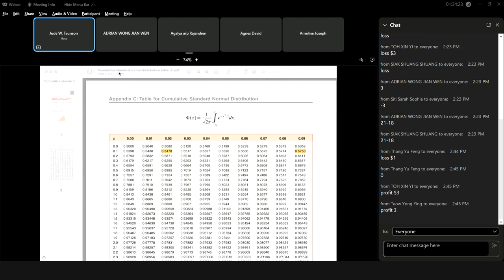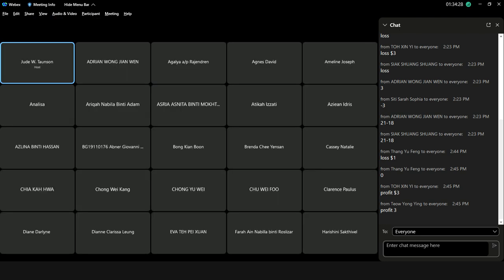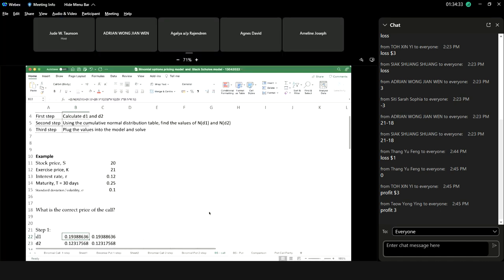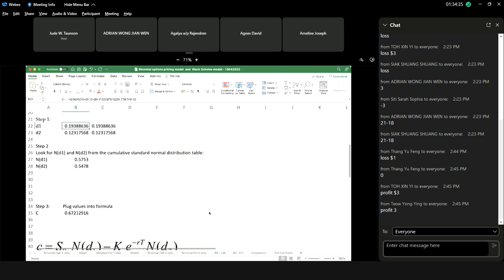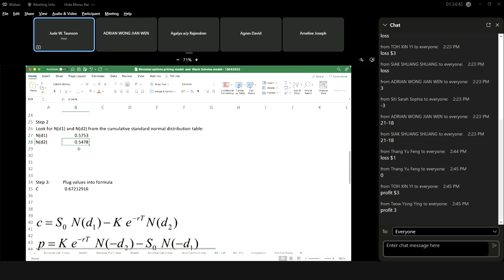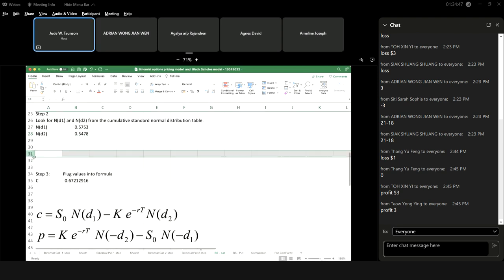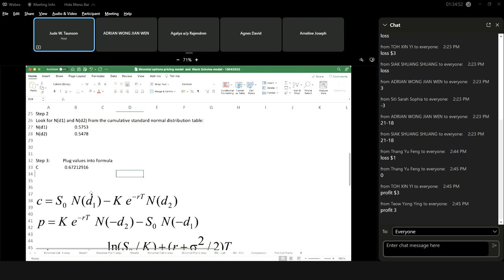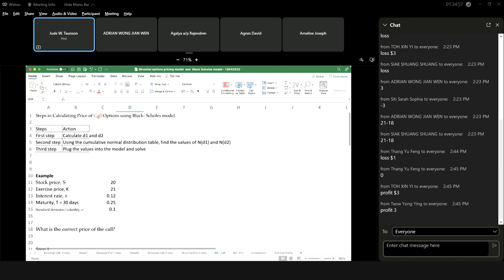So let us go back to the Excel file. Okay, so this one, D1 is 0.5753, D2 is 0.5478. Okay, now we can simply use the formula. In this case, we use this formula, C, because we are doing the call option, right?